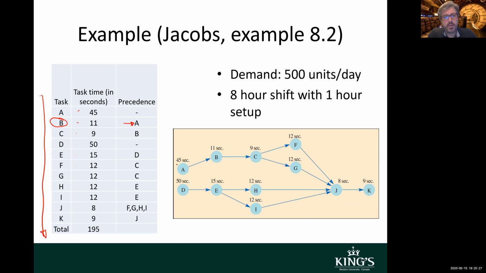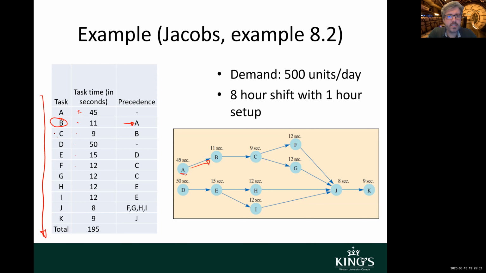You start with task A, you know it takes 45 seconds. And then immediately next will be task B. And you keep doing that until you find a task flow, just a little bit like this. So task B is preceded by task A.